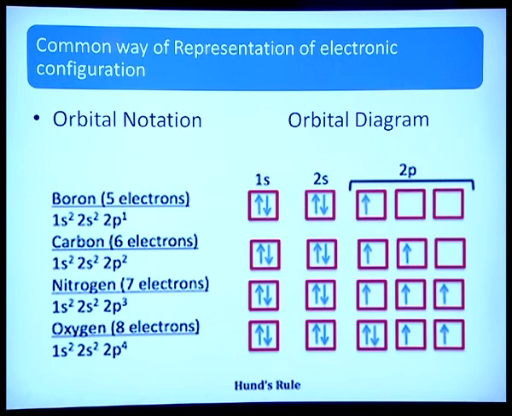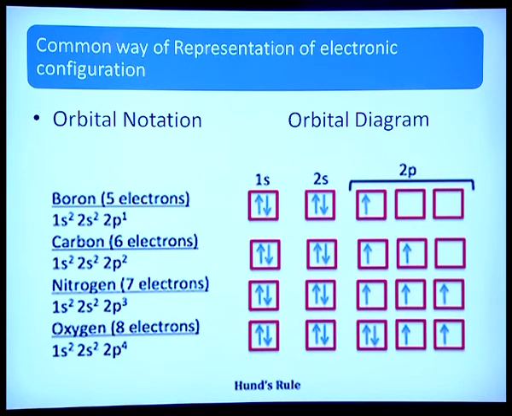There are two notations used for writing the configuration: the orbital notation method and the orbital diagram method. In the orbital notation method, the orbitals which are filled are written in the order of increasing energies. The respective electrons in them are indicated as superscripts, as shown here.